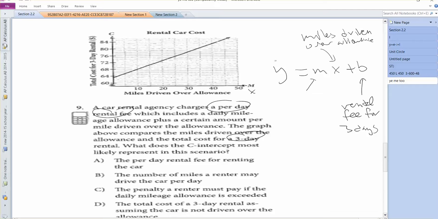And your slope is going to be the cost you spend per mile driven over the allowance. But they just want to know what the y-intercept represents. And that's going to be what you pay in rental. So the total cost of a 3-day rental, assuming the car is not driven over the allowance. And that's roughly about $64. So that's why it's D.